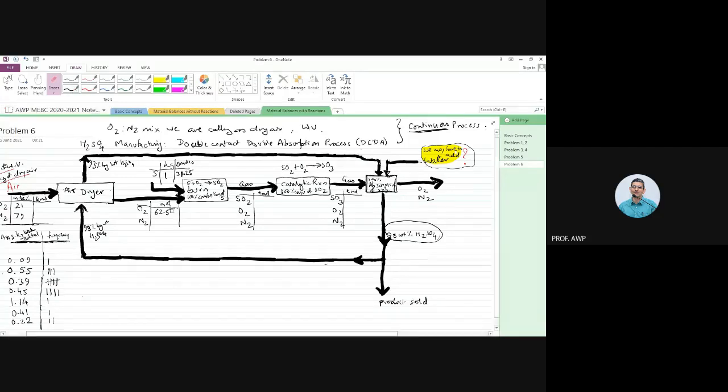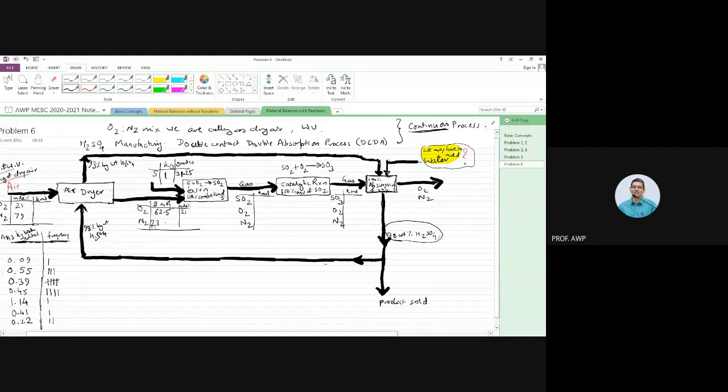Now, 62.5 corresponds to 21 mole percent. So nitrogen would be 79 divided by 21 multiplied by 62.5. This number would be 235.12.